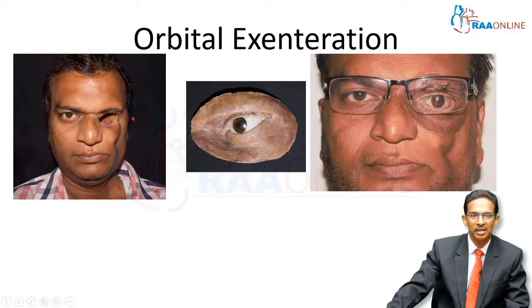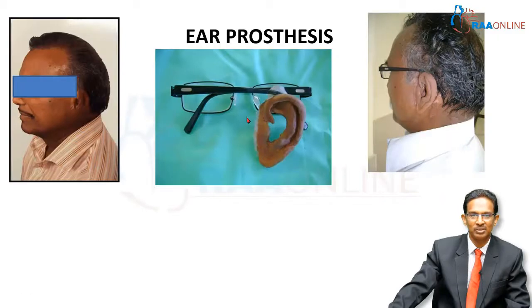Over the obturator, we fabricated the orbital prosthesis. The orbital prosthesis is anatomically retained, and we have given a little bit of retention with the help of spectacles also. So this is called orbital prosthesis for orbital exenteration cases.